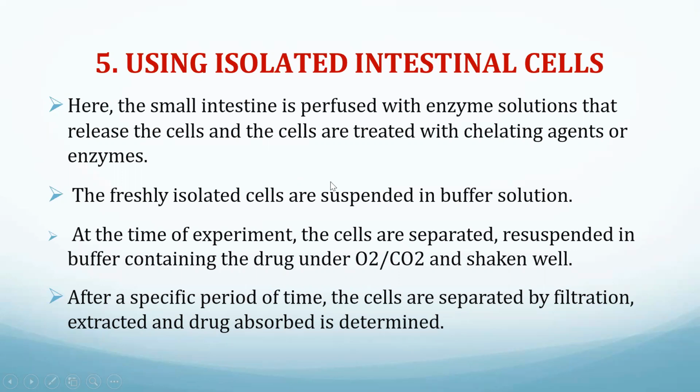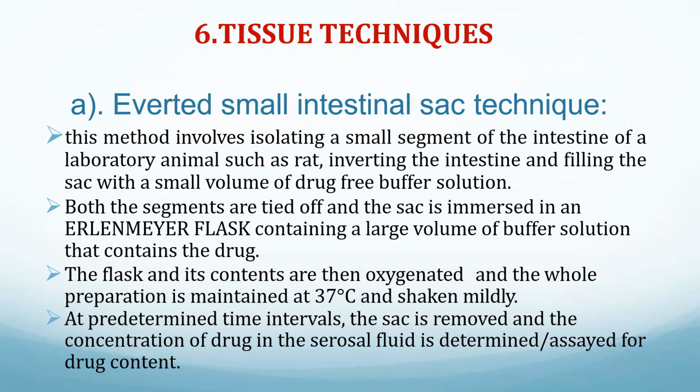At the time of the experiment, the cells are separated and resuspended in buffer solution. After that, we go for shaking. At a specific period of time, the cells are removed by filtration. After filtration, we need to extract. After that, we can determine drug absorption, how much drug is absorbed. This is about the isolated intestinal cell technique.